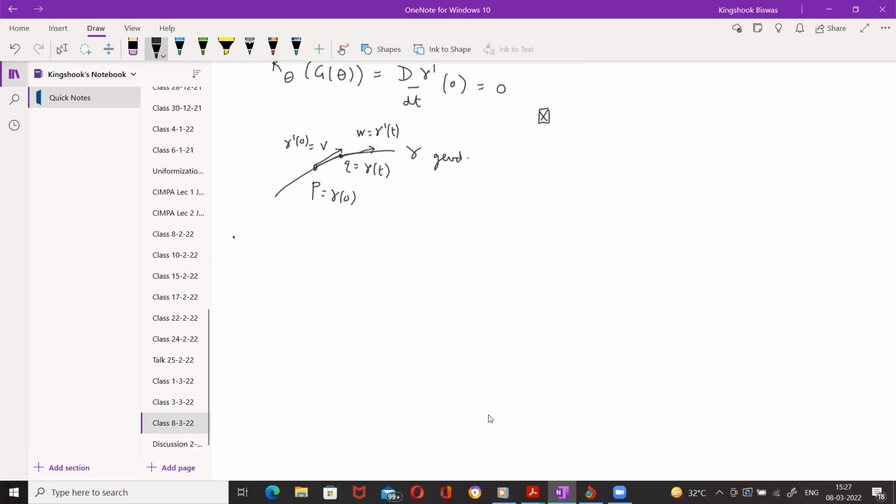So what are differential forms on a manifold? Let me do a quick crash course on differential forms on M. So definition.